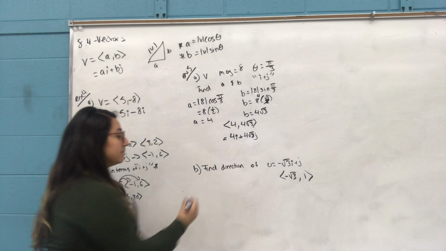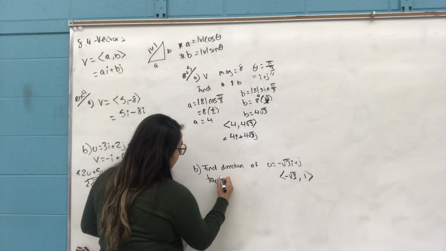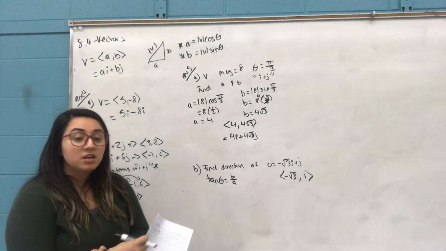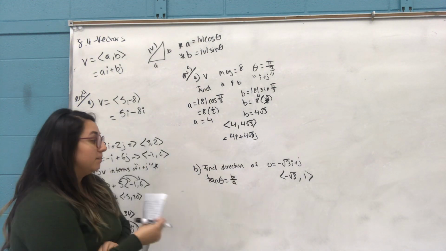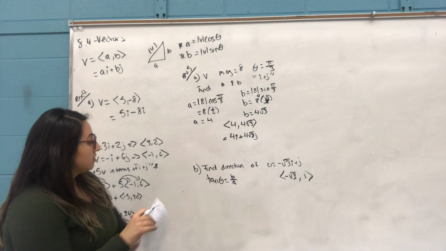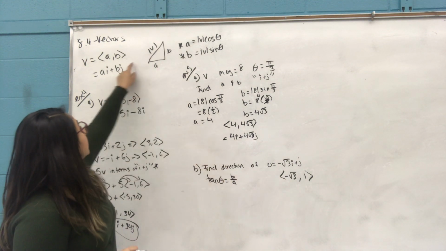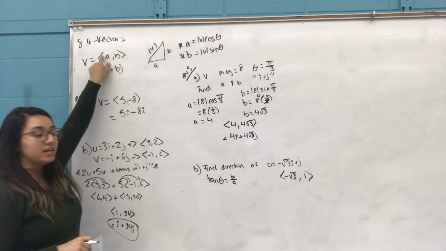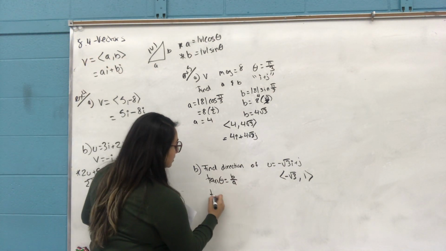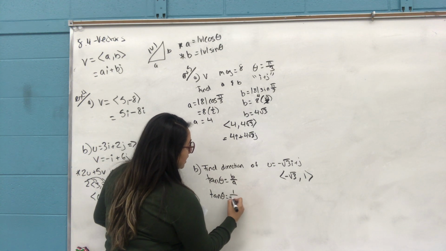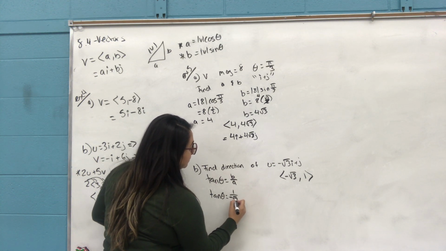Whenever you're looking for the argument, you're using this equation to solve for it. It's what we used when we did polar coordinates to find what that argument is. So the tangent is equal to b divided by a. Remember, b divided by a is your second one divided by your first one. So it's tangent of 1 divided by negative radical 3.